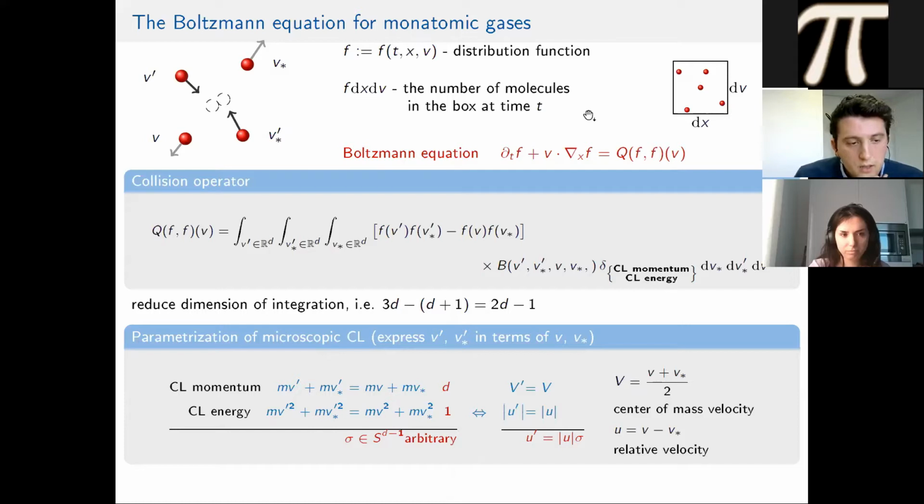Then the change of the distribution function is represented by the Boltzmann equation, and it consists of three parts. The first part is a time derivative, and the second part is the transport derivative of f.